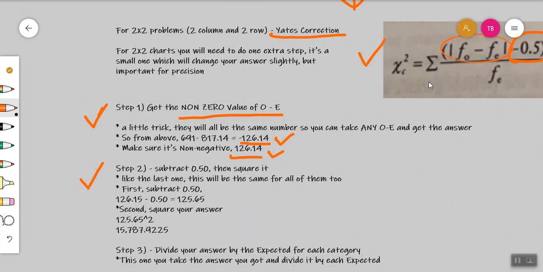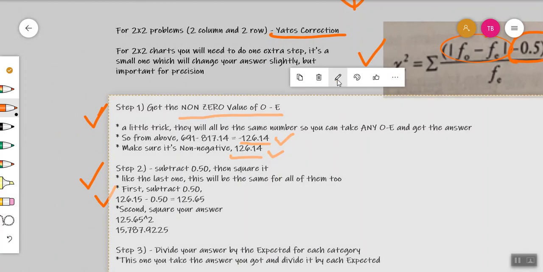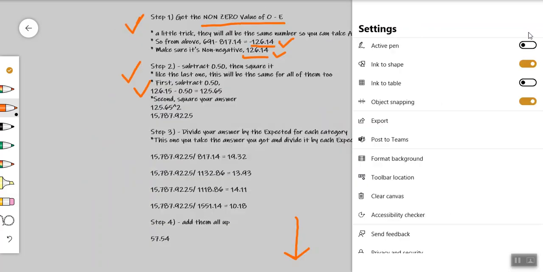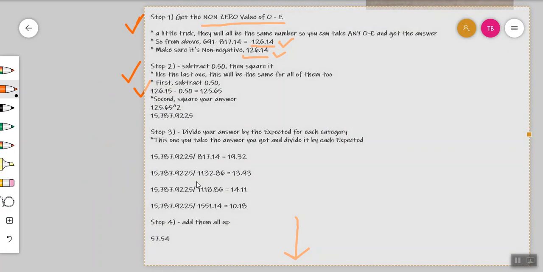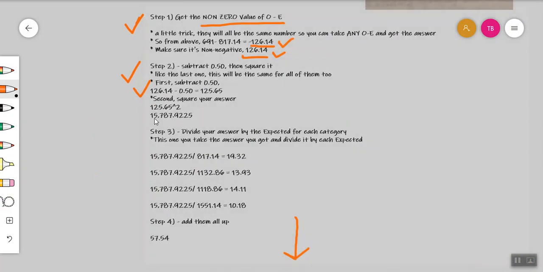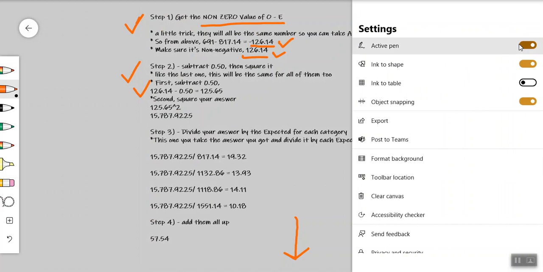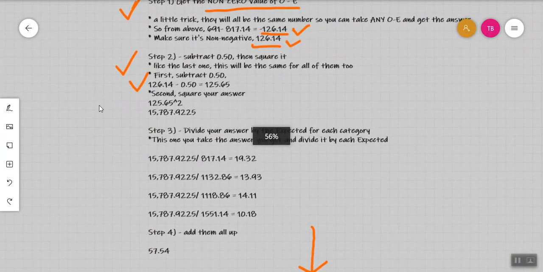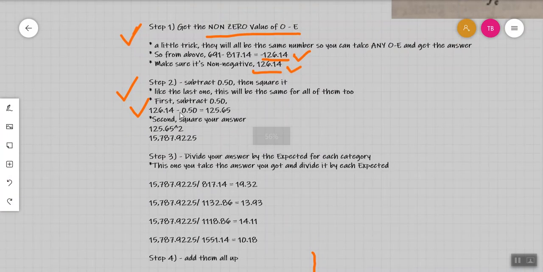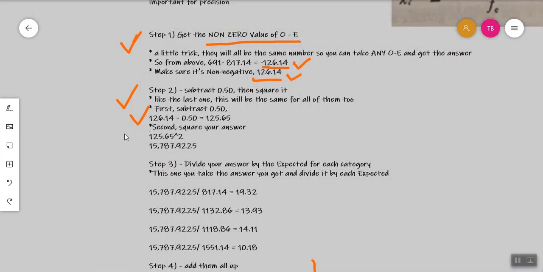You take the answer you got from last time, the 126.14, and you subtract 0.5.